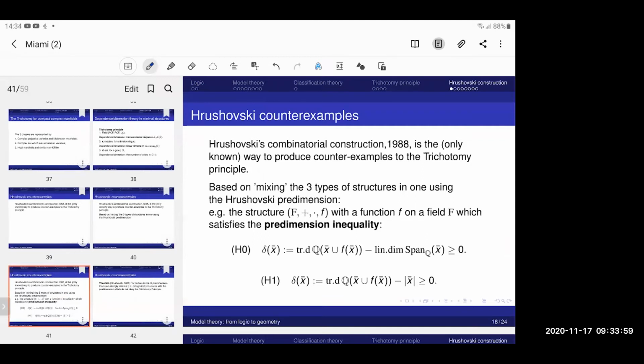What he has introduced is, so you see here, one possible combination.